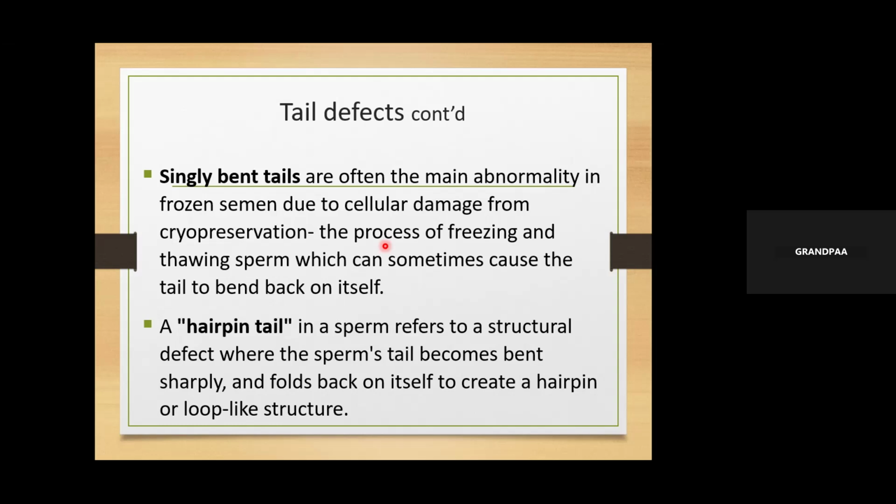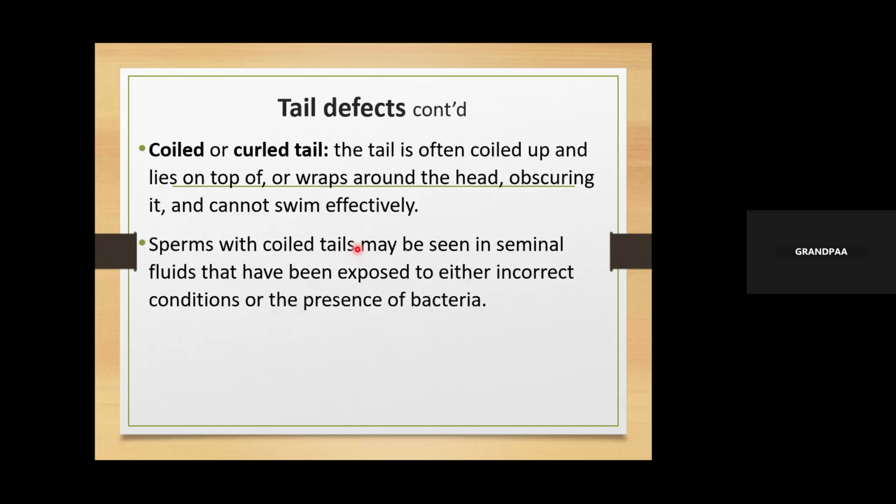So the hairpin tail is completely different from the coiled tail, even though all of them have some coiling. Here it will turn once before the coiling takes place. But with a coil, the whole thing is coiling and coiling and coiling. The coiled tail will coil up and then lie on top of or wrap around the head.